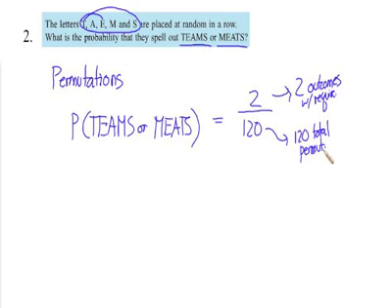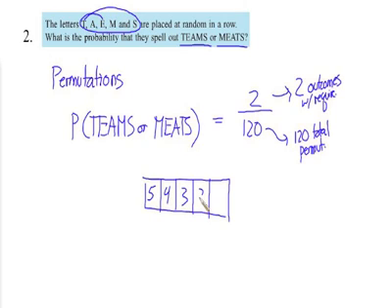Remember from the beginning of the chapter, to find the total number of permutations for 5 symbols, I can set up 5 boxes. I have 5 different letters that I can place in the first box. Once I choose one, I only have 4 letters. 3, 2, 1, using the product principle. This gets me 120. This is the total number of permutations that I can have for the letters T, A, E, M, and S.